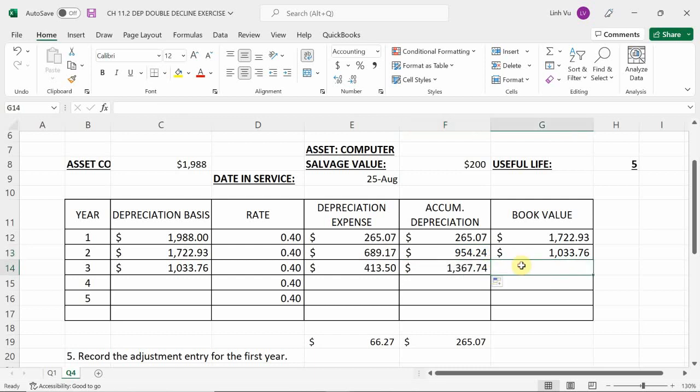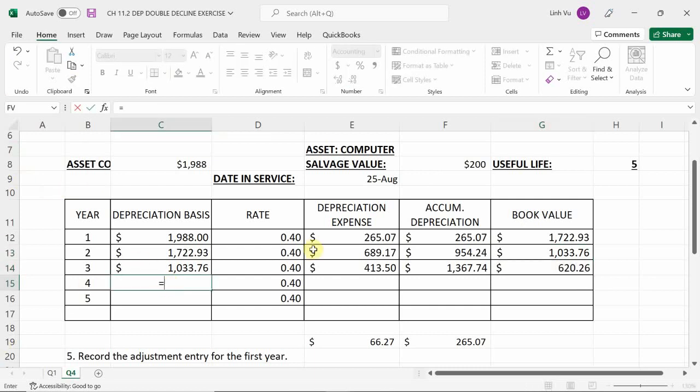Good. Bringing my book value to be $620.26. Good. So then year 4, it would be the book value of $620.26.